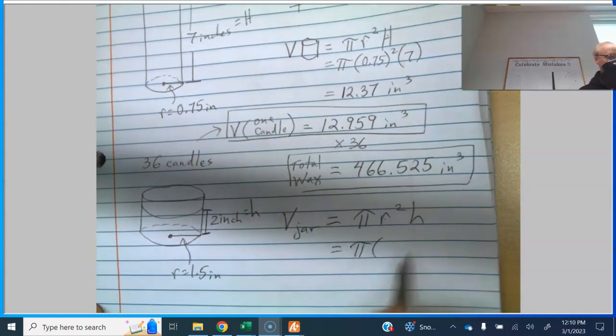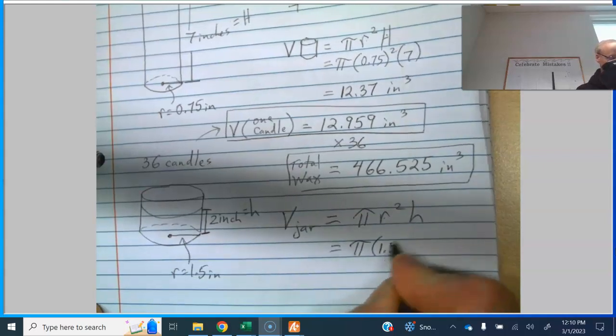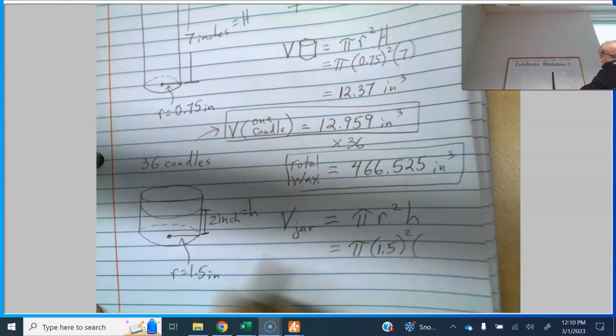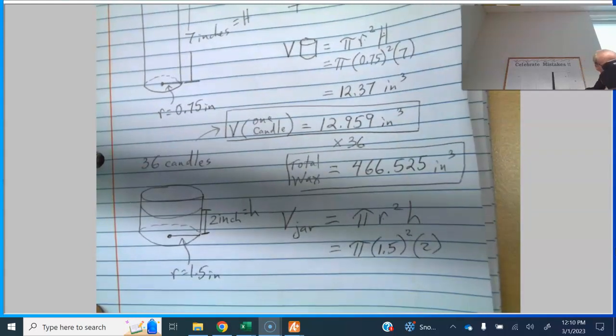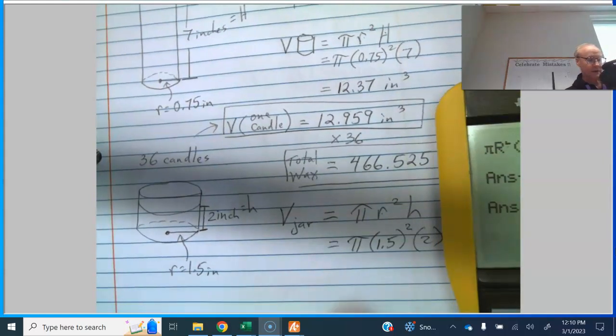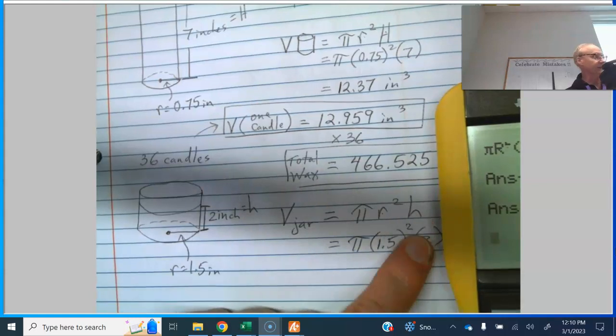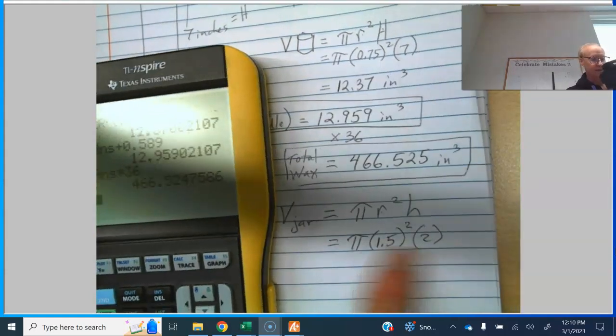One thing I want you to get in the habit of doing is going ahead and substituting inside parentheses and then putting it in your calculator. Of course, you always have the option of using your store key if you want. I could store the radius as 1.5 and h is 2, but it's more trouble than it's worth. I would just as soon put it in like this.